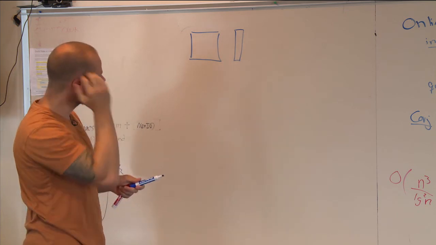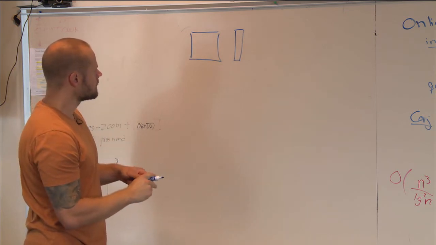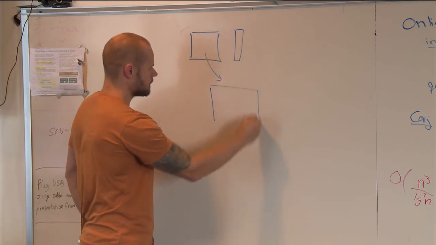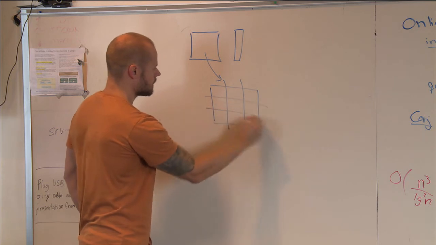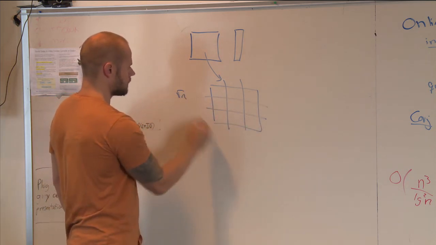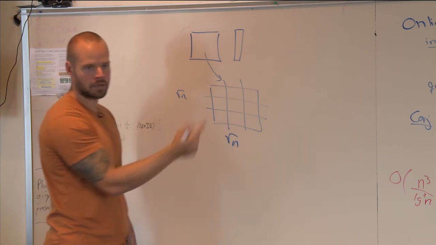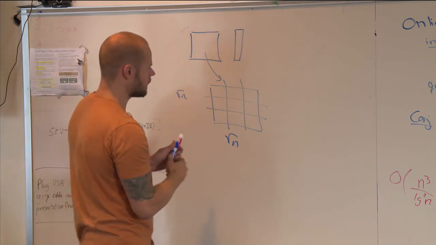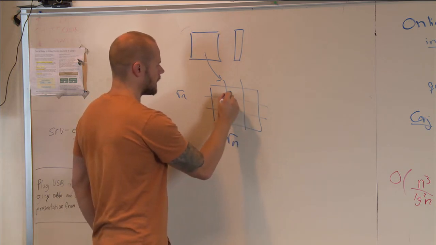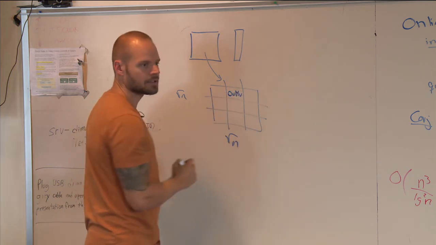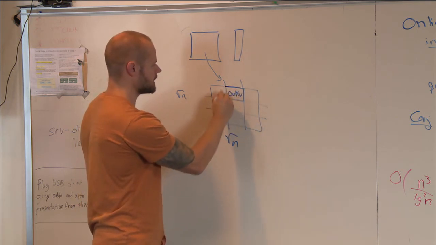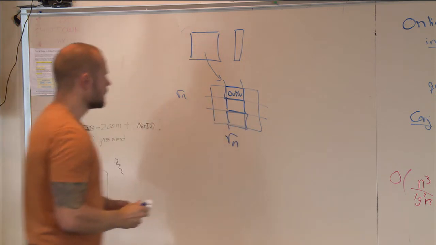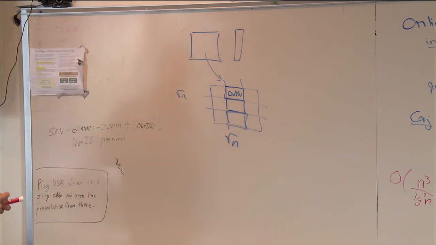What I do is take this matrix and cut it into submatrices again, into root n by root n submatrices of size root n by root n. Inside each of these, I'm going to build my data structure for online vector matrix vector multiplication on the submatrix that you see in here.